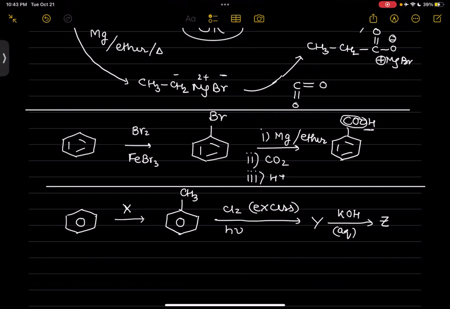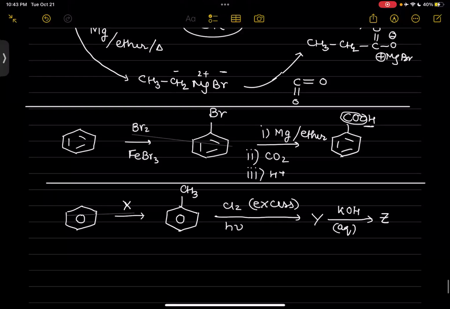So tell me quickly, what is X? That is from class 11, mostly from class 11, aromatic hydrocarbon. But 11th and 12th are, as far as organic is concerned, very much interrelated. Got it? So what is X?